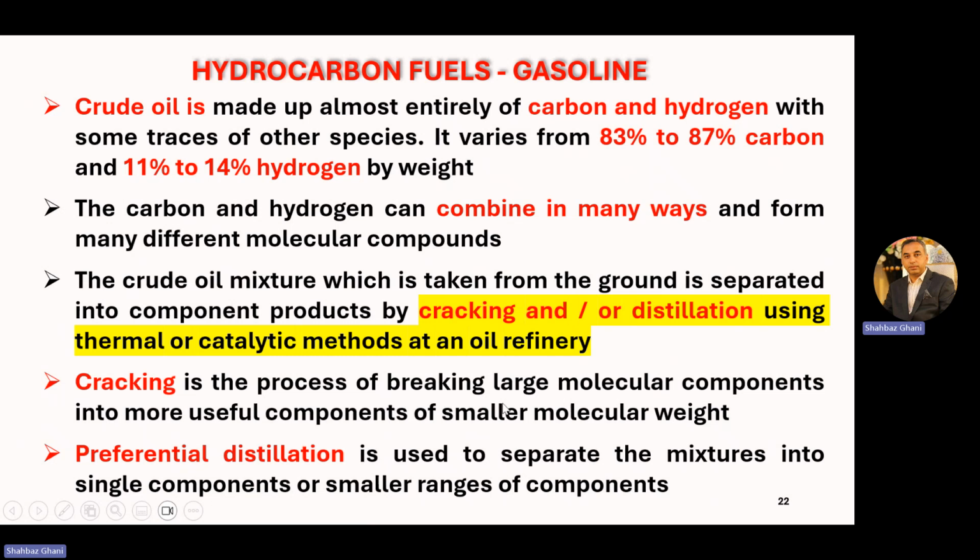Cracking is the process of breaking large molecular components into more useful components of smaller molecular weight. So we crack the larger molecules into smaller molecules by weight. Preferential distillation is used to separate the mixture into single components or a small range of components. These two are the methods used for crude oil.